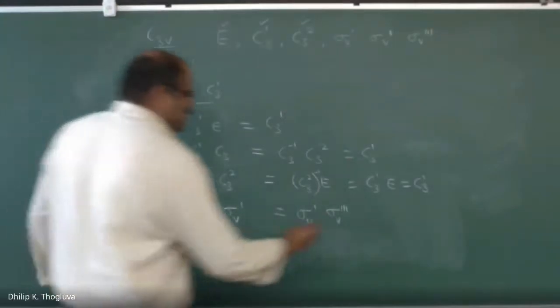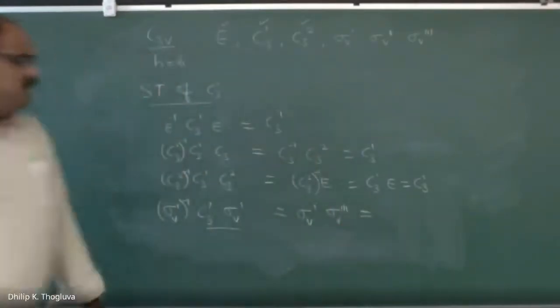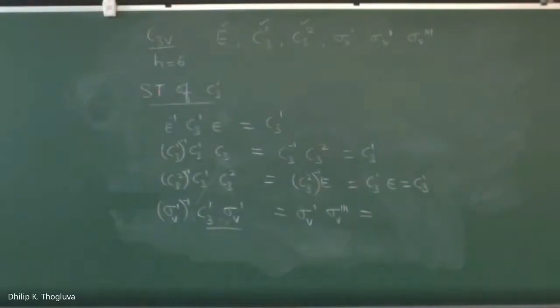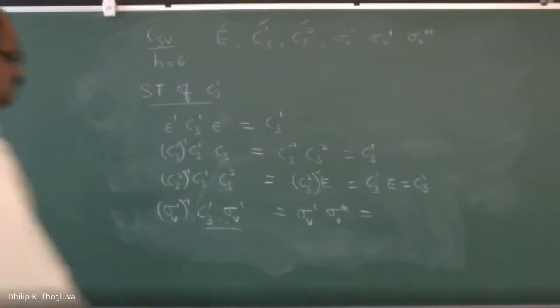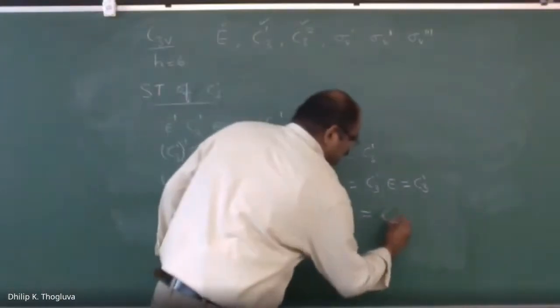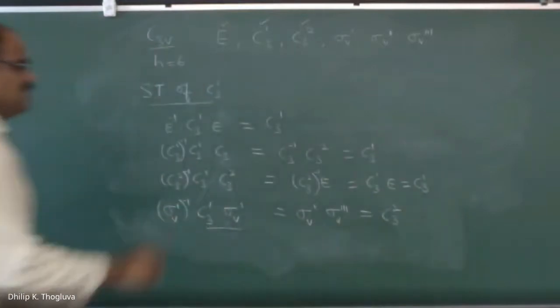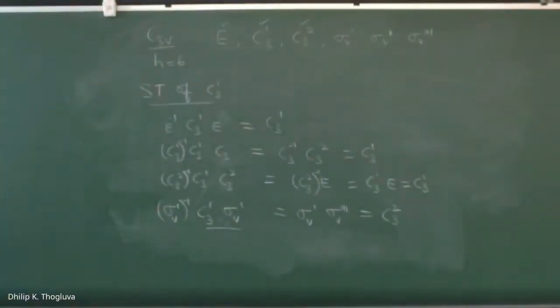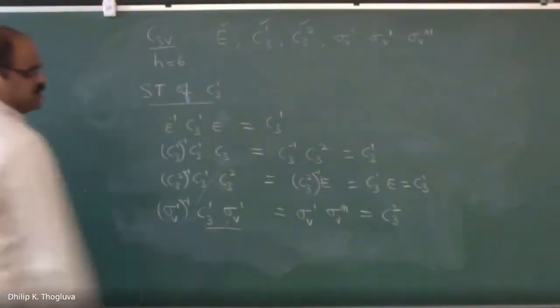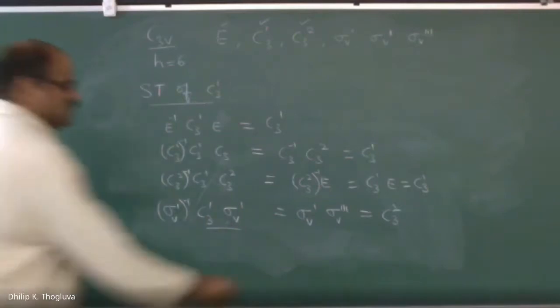So next, again you can see the group multiplication table, and the answer: σv''' multiplied by σv' is C3². So I get the similarity transformation of C3 with respect to σv' is C3².